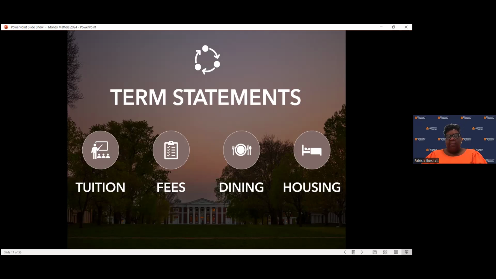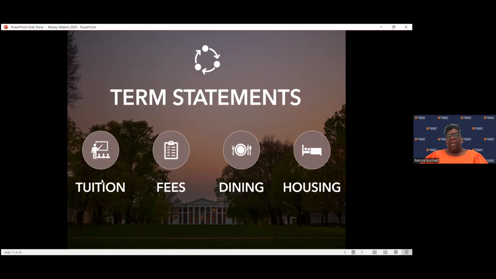And so if you are a first year entering student, you're only going to be seeing the dining and housing fee, because past your first year, you're not required to stay on grounds. But if you do enter into a contract past your first year to stay on grounds and get a meal plan, then you will see that dining and housing fee going forward.